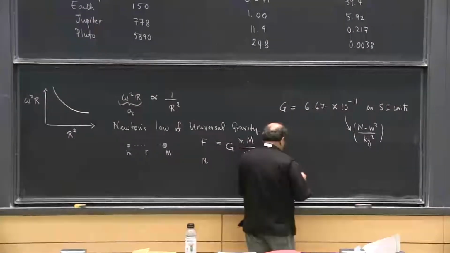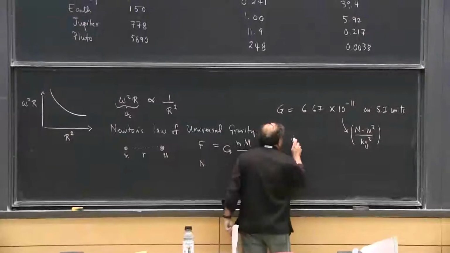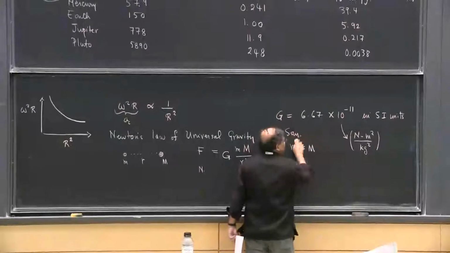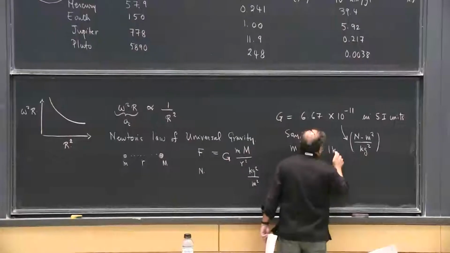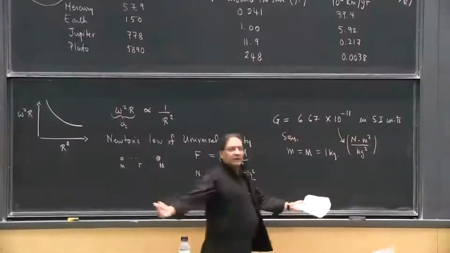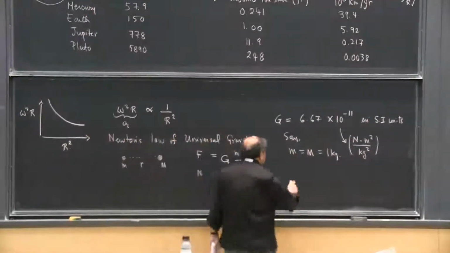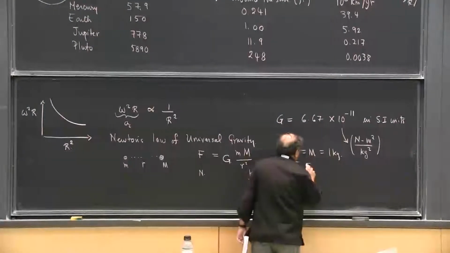in the grocery store, then you can set small m equal to big M. That's roughly 1 kilogram, and you hold them about 3 feet apart. So let's say your distance r is 1 meter.